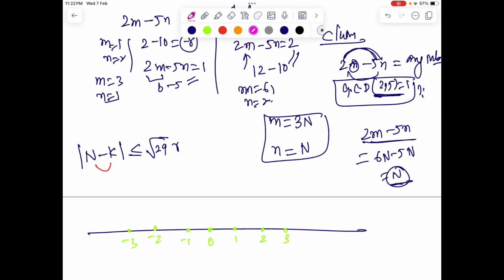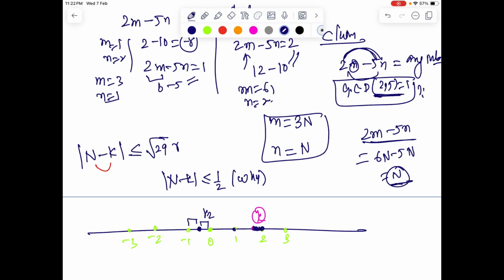So we have 0, 1, 2, 3, minus 1, minus 2, minus 3. Again, this is uniformly distributed. If I pick any number, let's say k, either k itself will be an integer or k can be a fraction. In either case, the minimum distance between any integer point and that number k, so the n minus k value, will definitely be less than or equal to half.